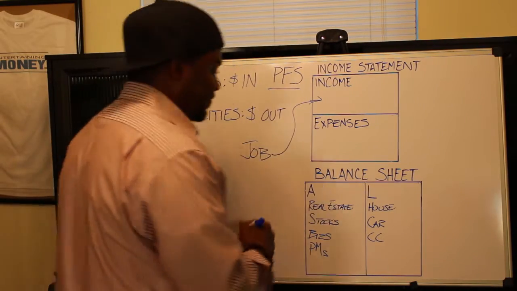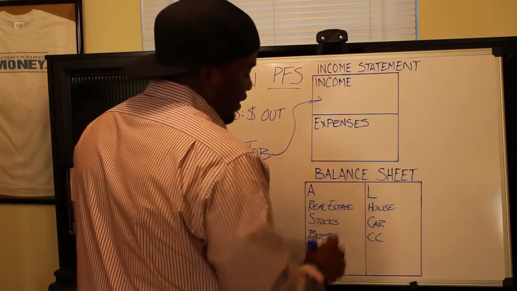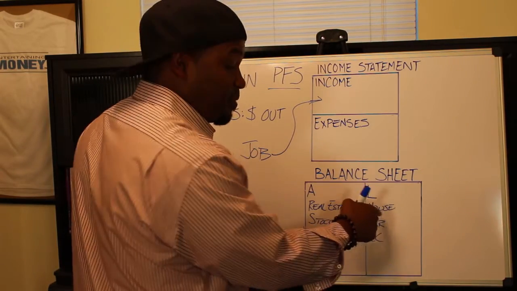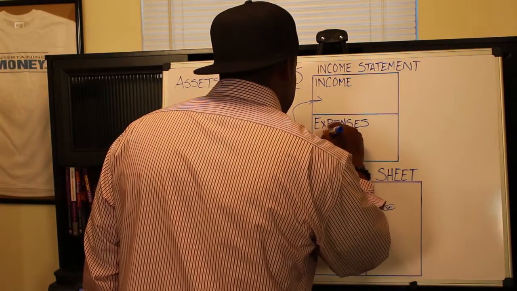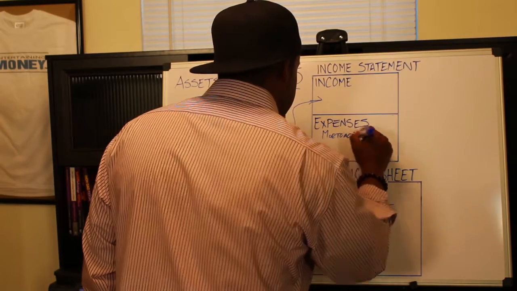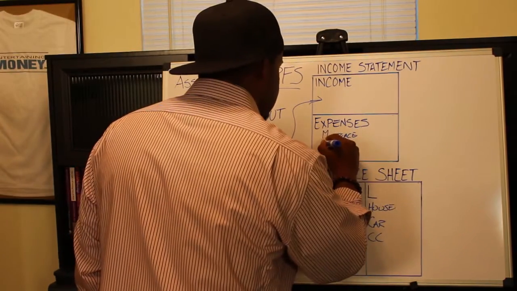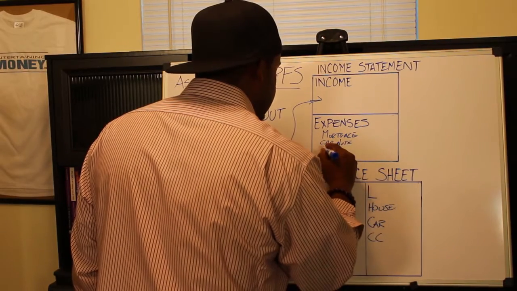Excuse the arrow. From that income, you have your expenses, which come from your liabilities. Let's say it's your mortgage, your car note, credit card bill.